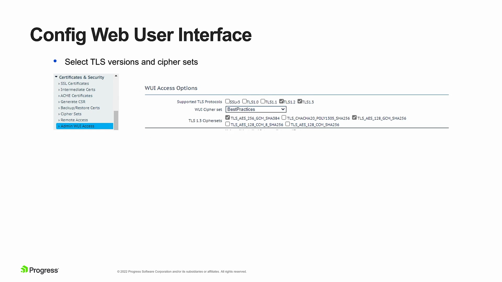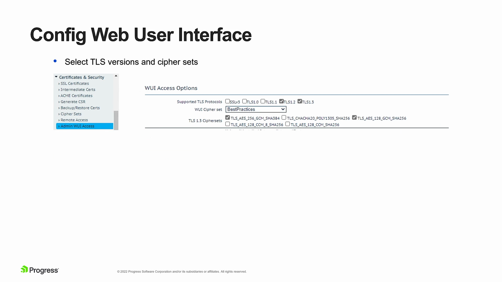Cipher sets, again, if you're going to be connecting up, you should be adjusting your cipher sets to what your organization requires. In this case, this is for the web user interface, where you can set the cipher set for an inbound connection to the LoadMaster management interface. So you can define the cipher sets you want to use. I picked a cipher set called best practices.